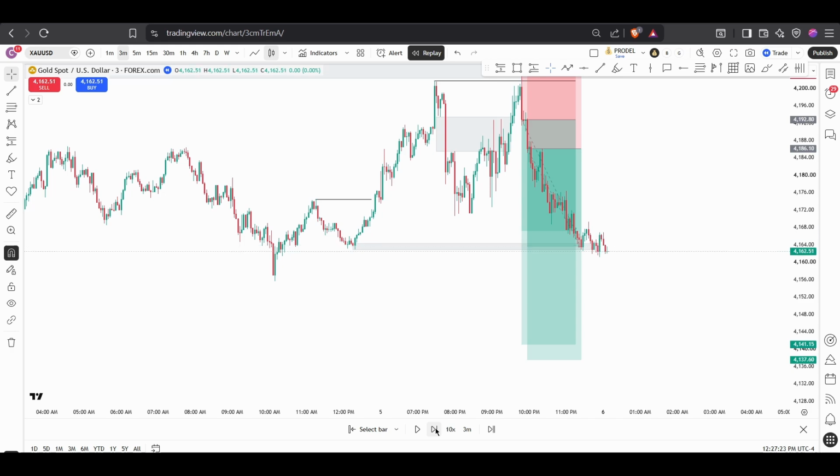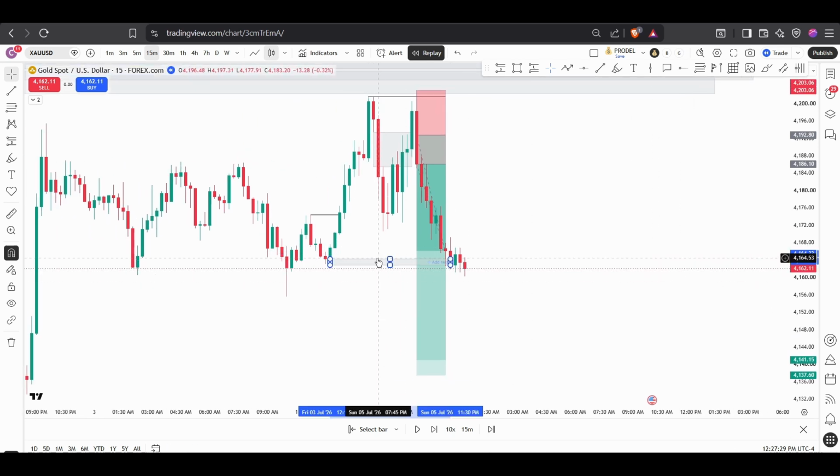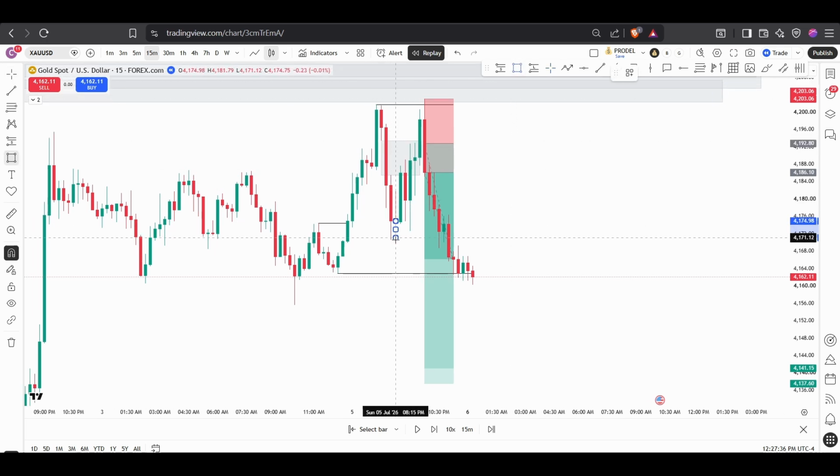You can see the market broke this level, and it formed the break of structure to the downside like this, and this is the internal level.